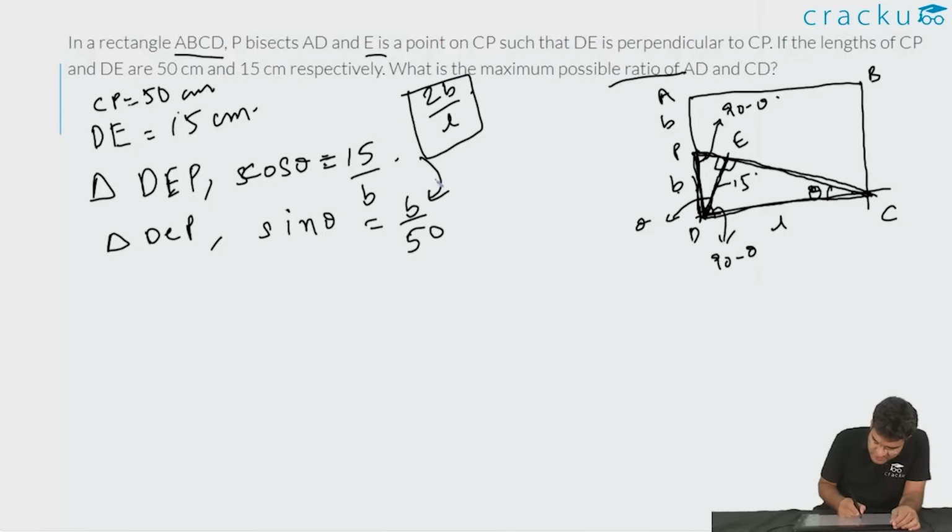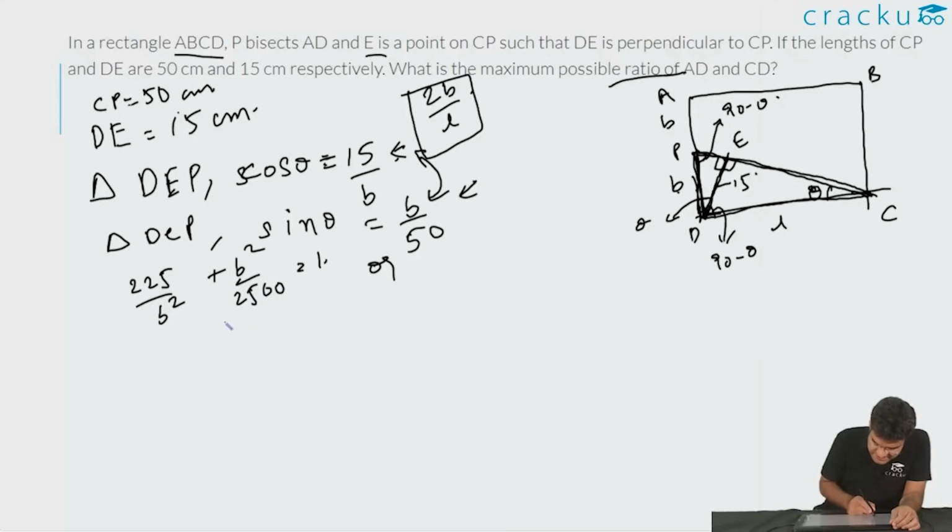We can use these two equations to find the value of B because we know that sine square theta plus cos square theta is equal to 1. Now once we find the value of B, we will find the value of L and then we will proceed further. Sine square theta plus cos square theta is equal to 1. Therefore, this square plus this square will equal 1. So 225 by B square plus B square by 2500, this is 50 square, is equal to 1.